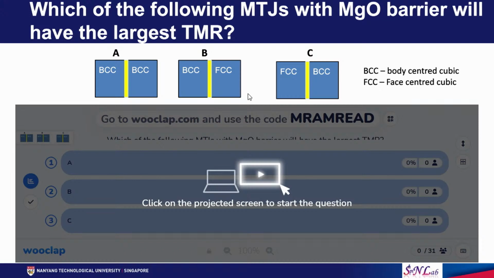Next question is related to these three pictures. Which of these following MTJs will have the largest TMR? You have two ferromagnetic materials in different crystal structures, like BCC, FCC.